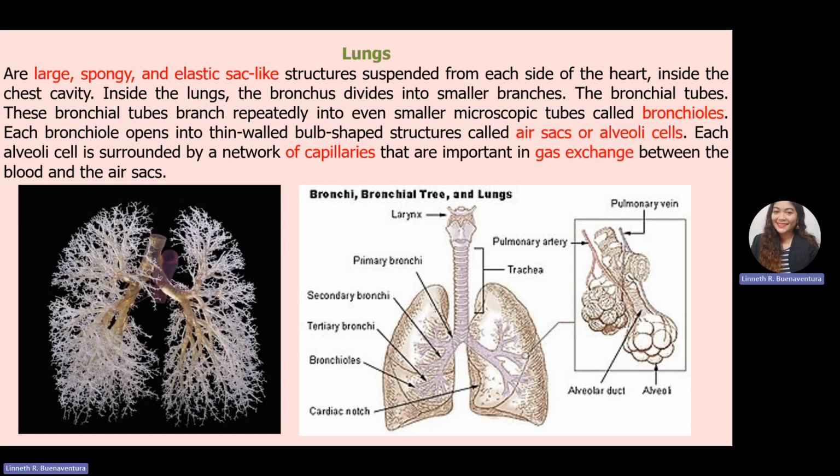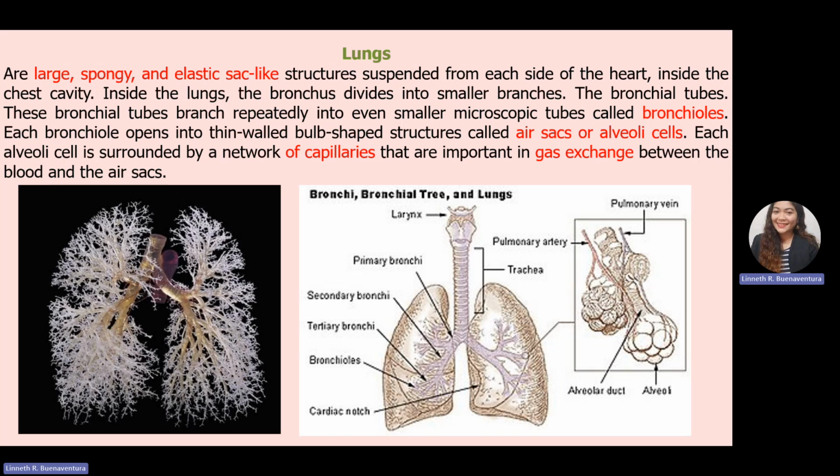Then we have the lungs. We have the left and the right lungs. They are described to be large, spongy, and consist of elastic sac-like structures. They are suspended from each side of our heart inside the chest cavity.